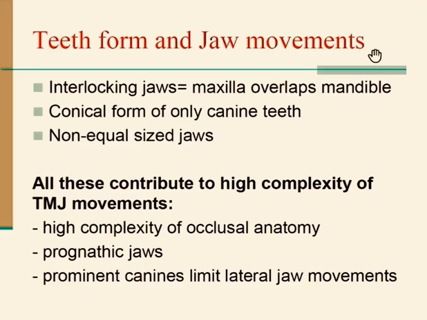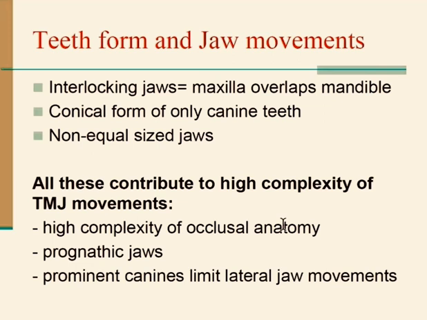Okay, this is the prognathic jaws, and we have the occlusal anatomy of the teeth, and we have the masticatory muscle system, and also ligaments around the teeth and around the periodontal. This is the periodontal ligament. Also, that helps a limited jaw movement, but one that is more complex than in other animals.